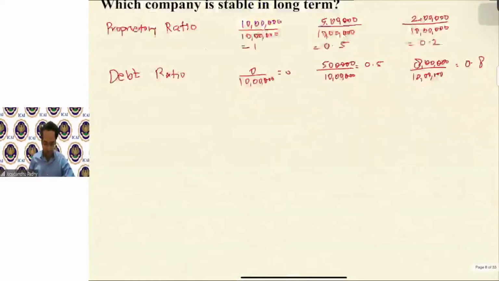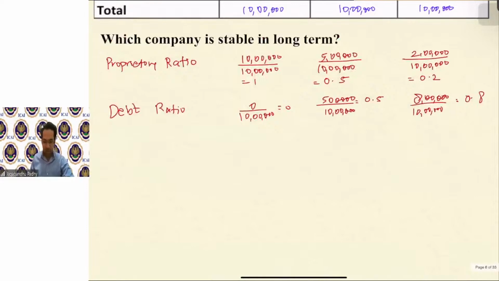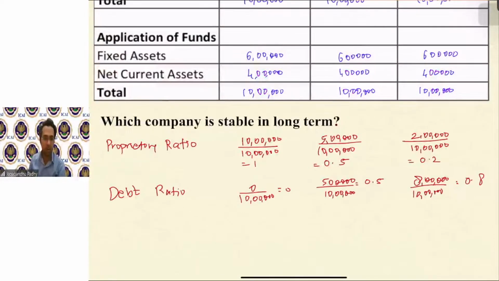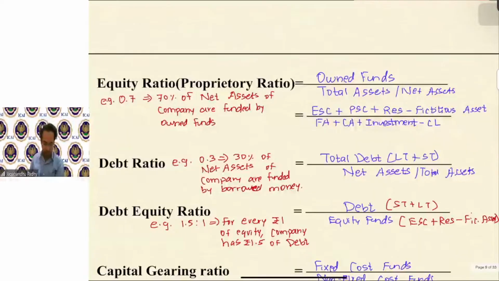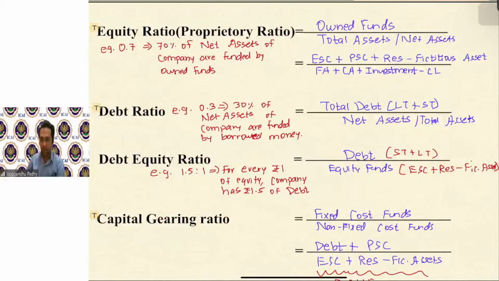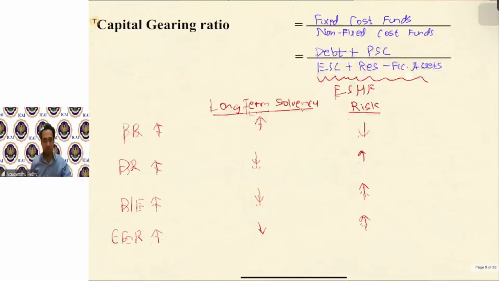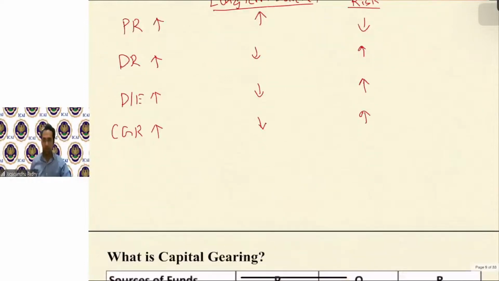Post that, we looked into the proprietary ratio and debt ratio, which we were using to calculate the long-term stability of a company. We also saw capital gearing, which was basically the ratio of fixed cost funds upon non-fixed cost funds, telling us to what level of risk the company is operating as of now.